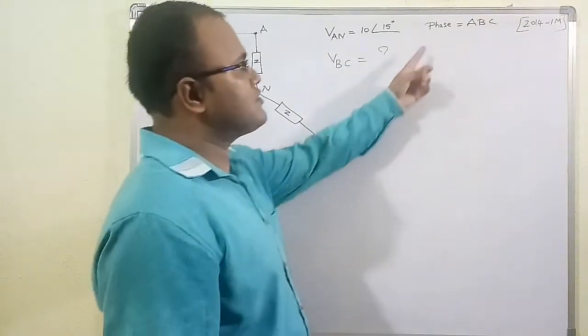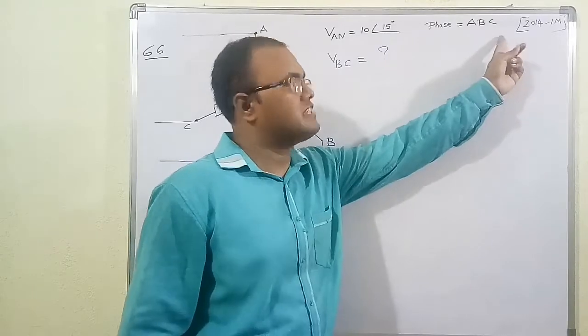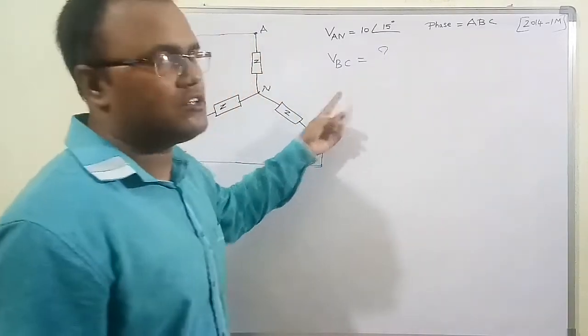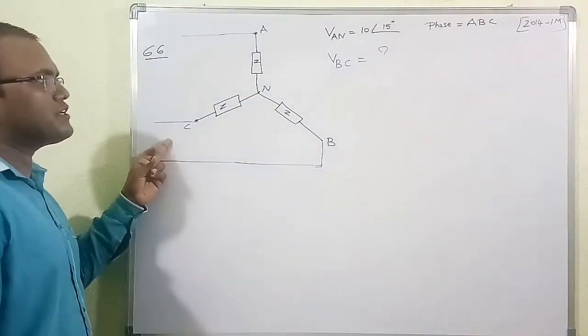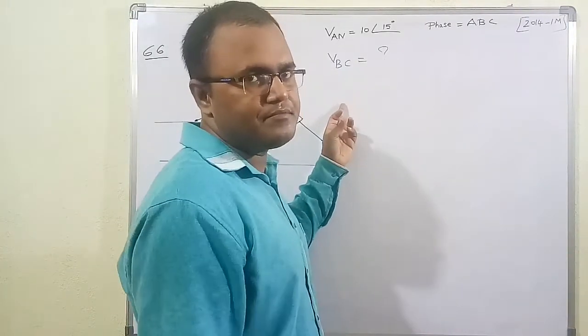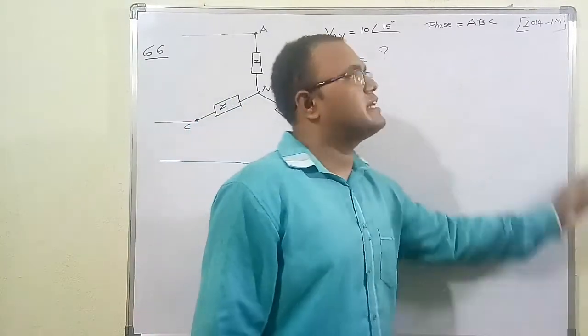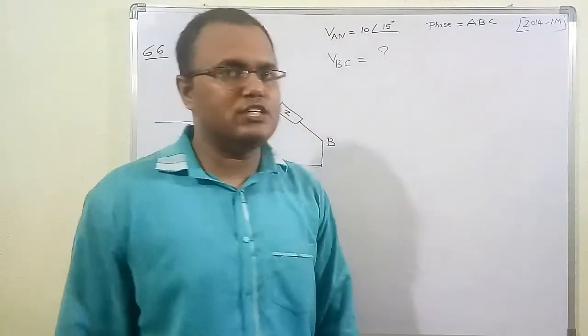And the phase sequence of the supply is ABC. We need to figure out the line voltage of B with respect to C. This is our main aim in this numerical, and this numerical was given in GATE 2014 for 1 mark.